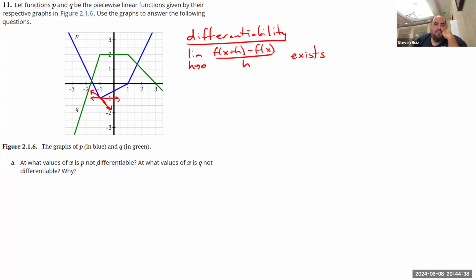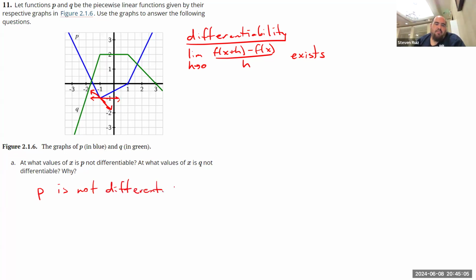If you want to go back and revisit the definition of continuity, what the conditions are to have continuity of a function at a point, you can look at it, but I will say that these functions have continuity everywhere there's a graph here. So we can avoid looking at that, but where is P not differentiable? P is not differentiable wherever those hard corners are.